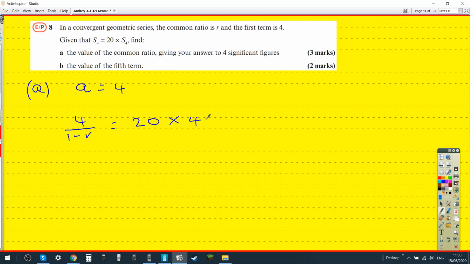This is not the fourth term. This is the sum to four terms.